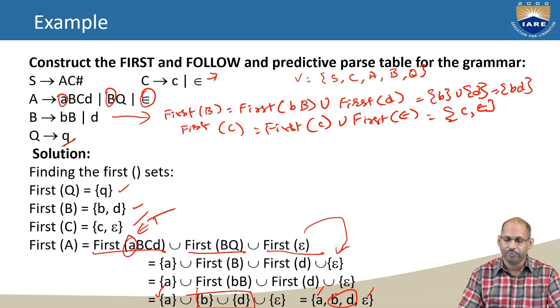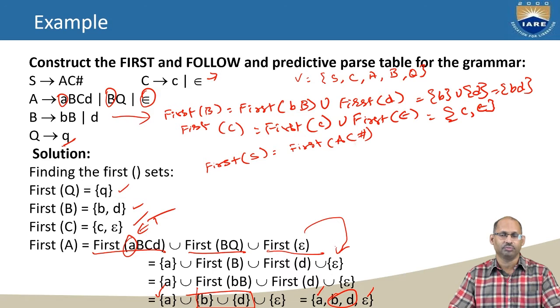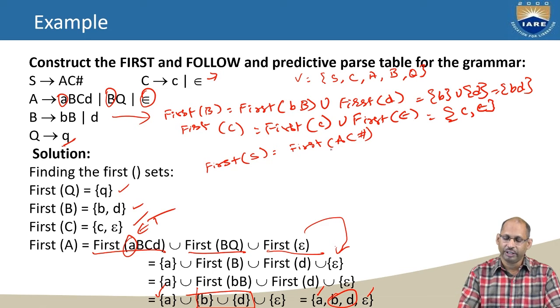Now what is the next step? First of S. What is first of S? First of S is simply first of A C epsilon hash. But what is the first of A? First of A has epsilon. So minus epsilon union with first of C hash.